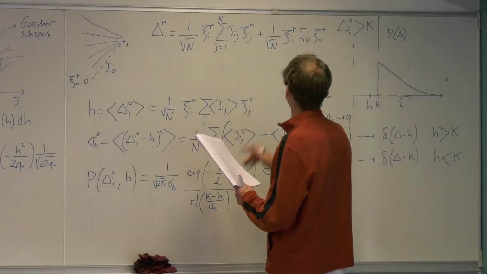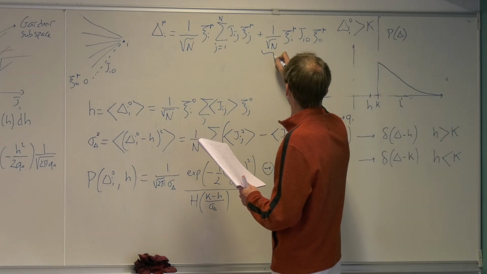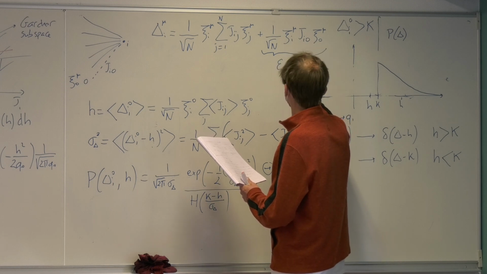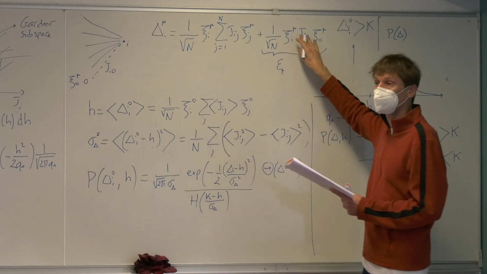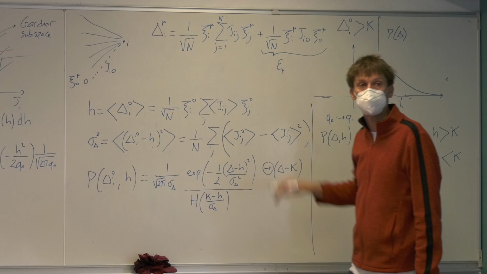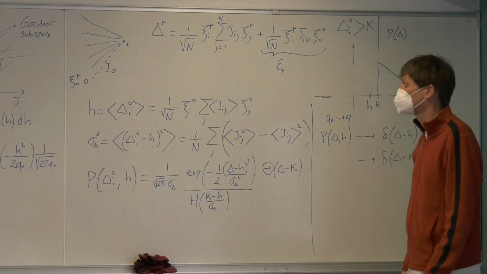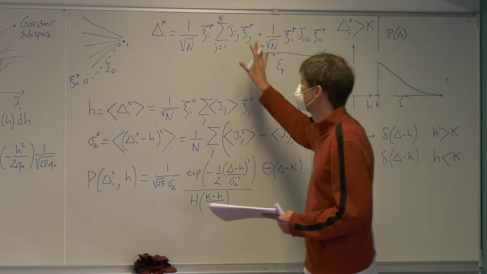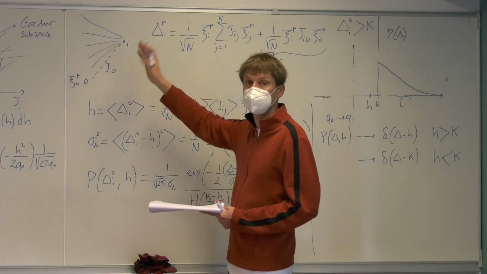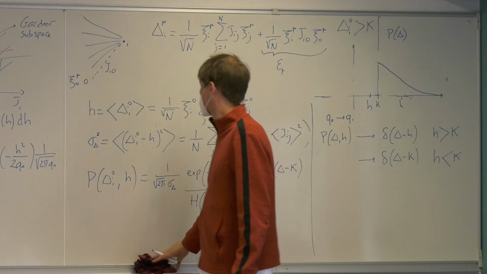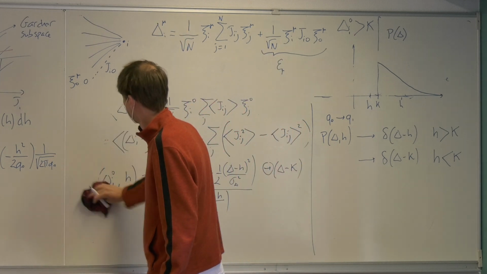Let's call this term epsilon mu. So we have basically a small perturbation of the deltas, of order 1 over square root of n. And we have to do it in a way that does not violate the inequalities that delta I mu is larger than k.